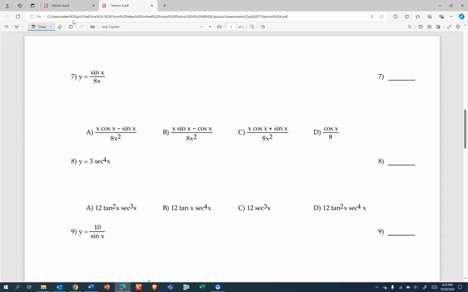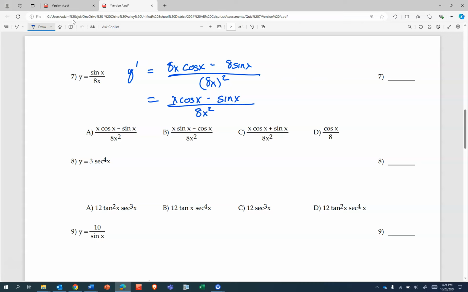Maybe I'm just calm. Alright, y prime instead of dy dx. Why not? 8x cosine of x minus 8 sine of x all over 8x squared. And it looks like we have to divide out an 8. I probably wouldn't write everything out, but whatever, right?